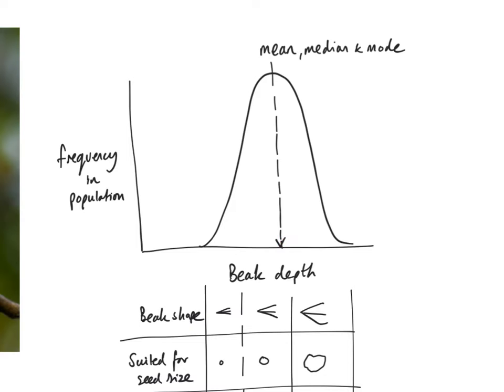The median, if I work my way to the center in all the data, is the middle beak depth as well, and it's the most common, hence it's the mode. And if these three things are equal, it means that we've got a bell-shaped curve called a normal distribution curve. So this is just our normal distribution curve. It must be symmetrical.